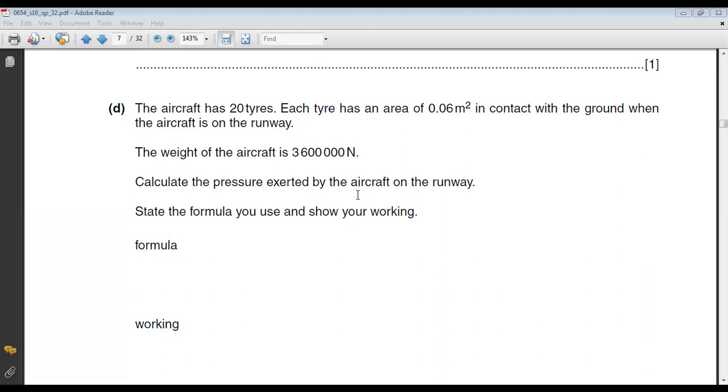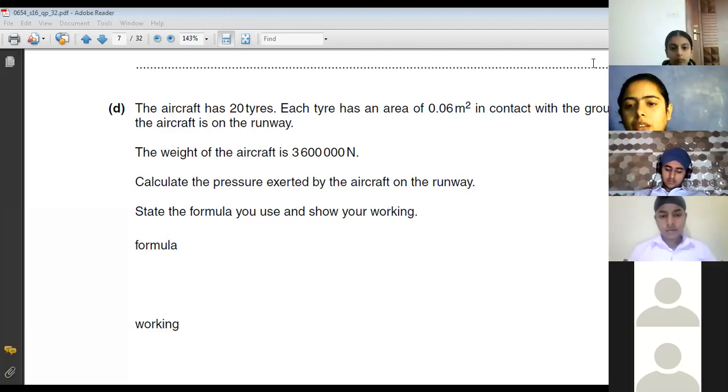State the formula you use. Show the working. My children, one thing you have to take care of is these tires. Area of each tire is given. Fine. So there are total 20. One, you have to look after this. Second, see the weight is given in the international form. So try that your answer will go with the international form.